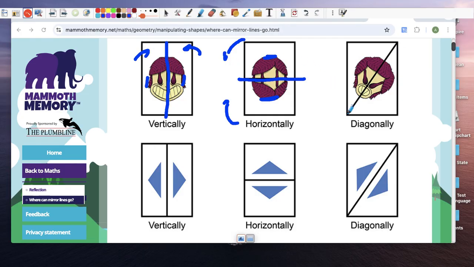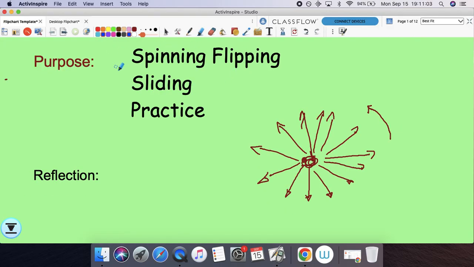Here, the line of reflection is not a horizontal or vertical line, but a diagonal line. On all these, another vertical line of reflection, another horizontal, and if I were to fold this paper, this tip of the triangle would match with that tip of the triangle. Okay.